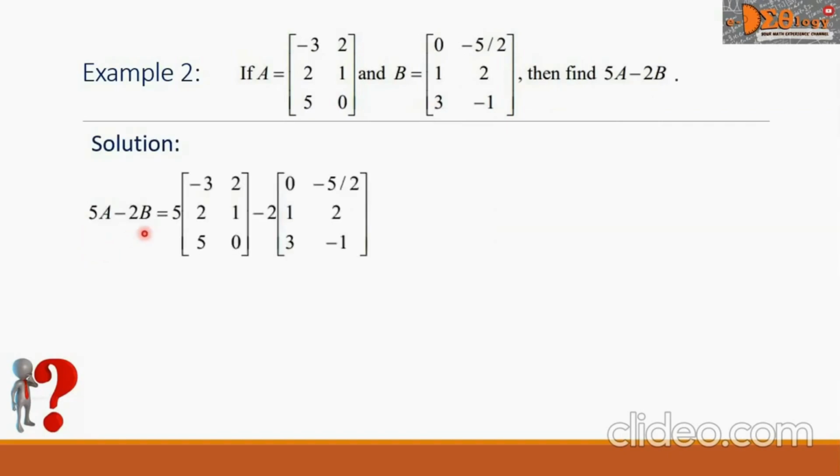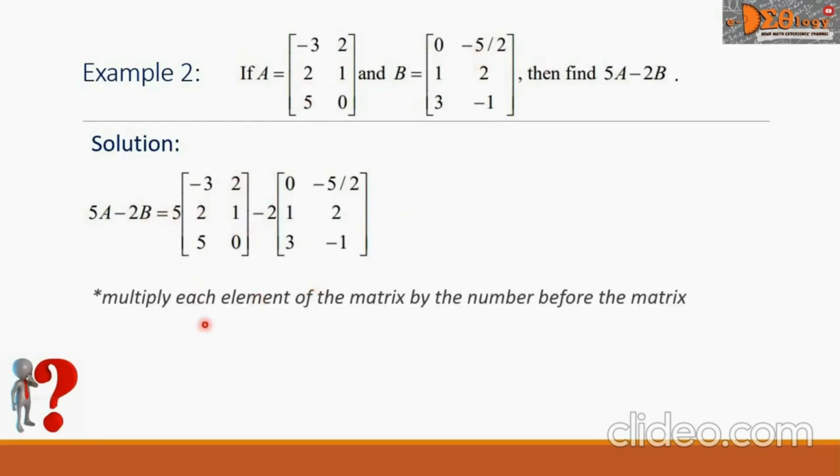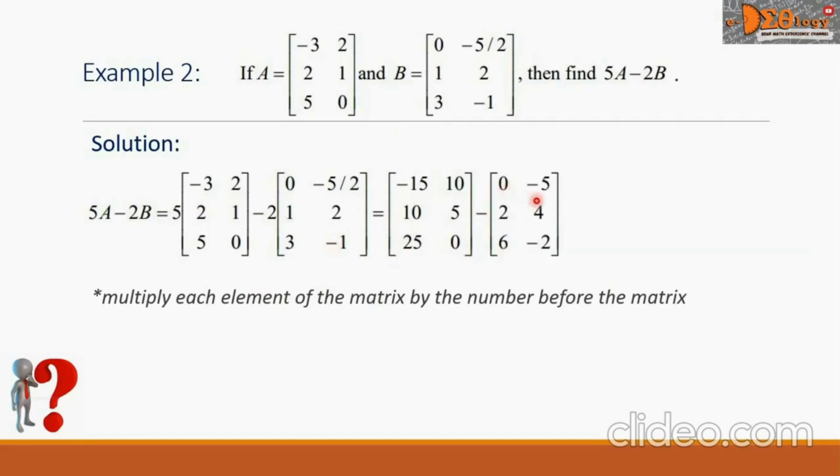So we have 5 multiplied by matrix A minus 2 times matrix B. So we multiply each element of the matrix by the number before that matrix. So the first matrix here becomes negative 15, 10, 10, 5, 25, 0 respectively. Then minus the second matrix, which becomes 0, negative 5, 2, 4, 6, negative 2.